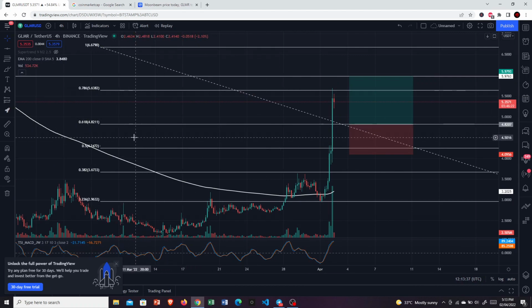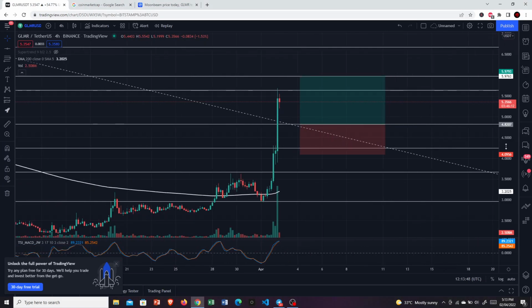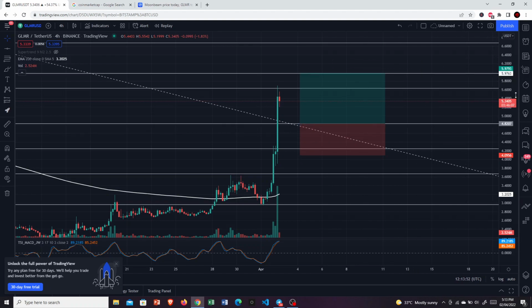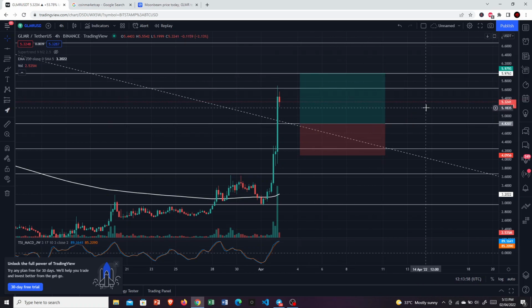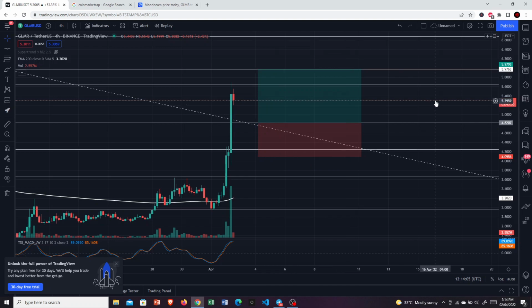If you guys are averaging out your entries, you're buying at two supports. Personally, I will buy at 4.82 and 4.24. So I will be averaging out my entries, because that's a lot better in a long-term situation. So the trade setup has been perfected over here.